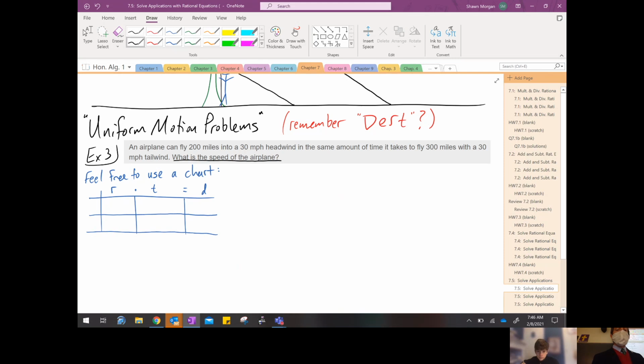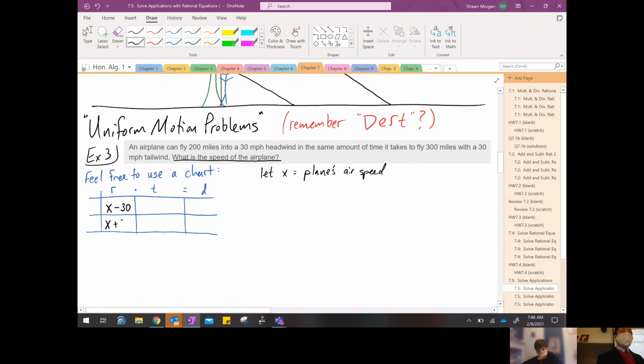So I'm going to say let x equal the plane's airspeed. His rate going against the wind is going to be x minus 30, and his rate going with the wind is going to be what?